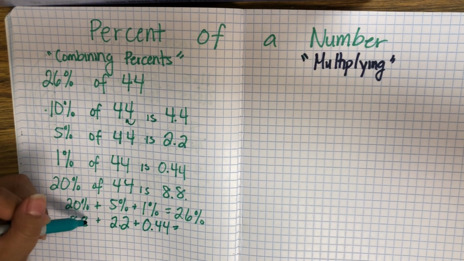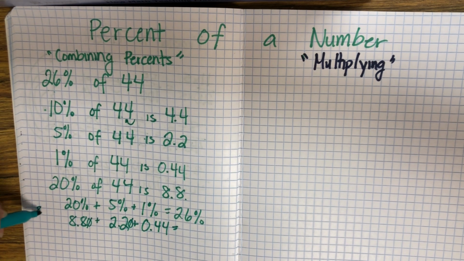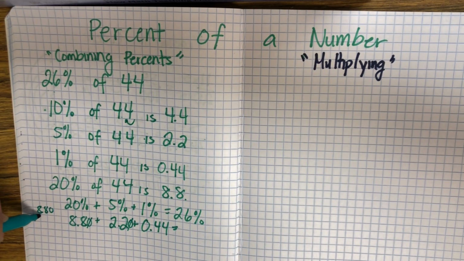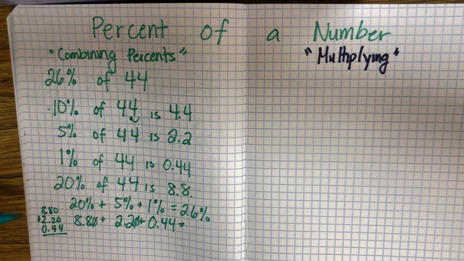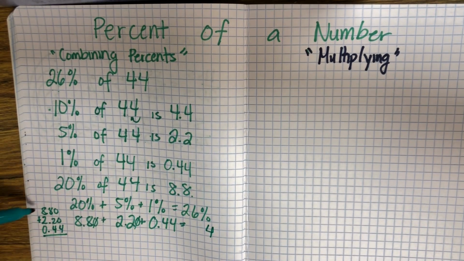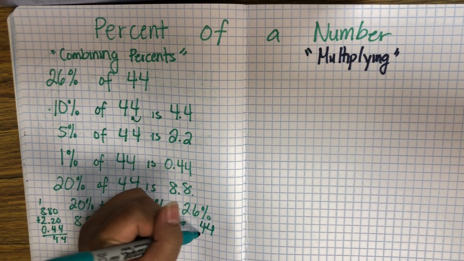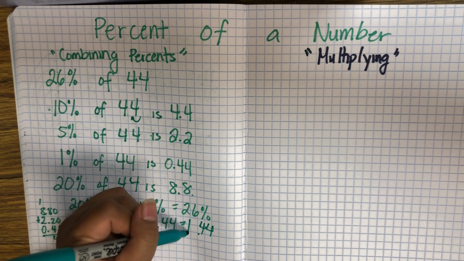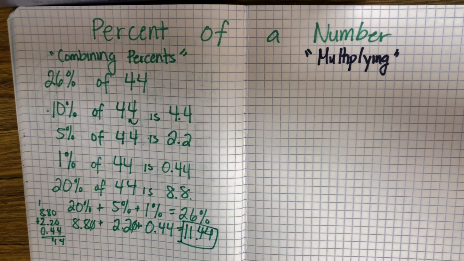Now, if you want, you could add zeros at the end to make them look nice. Okay, 8.80 plus 2.20 plus 0.44, which gives me 4. This is 10, 14. Oops, carry the 1, 4, and 10, 11, 11.44. That's my answer. All right, Miss Santos.